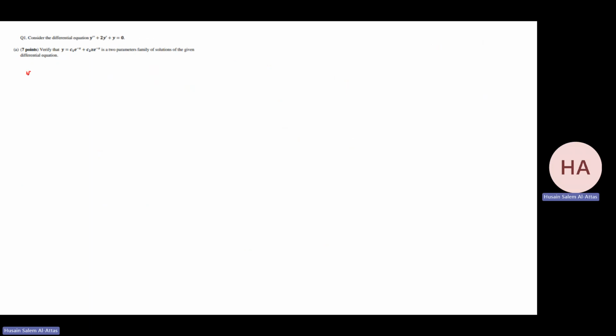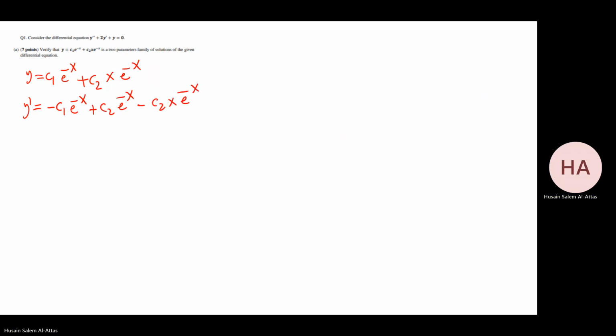So I need to find y equals C1 e to the minus x plus C2 x e to the minus x. So I need y prime. That will be minus C1 e to the minus x. Here you have the product rule: C2 e to the minus x minus C2 x e to the minus x.